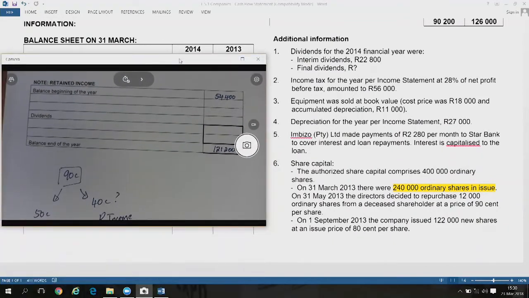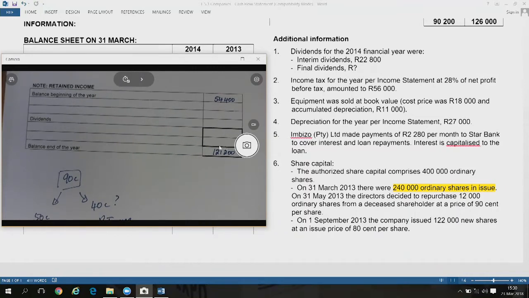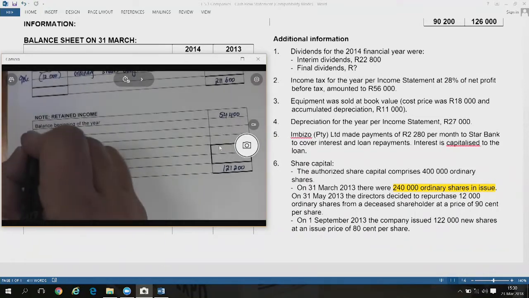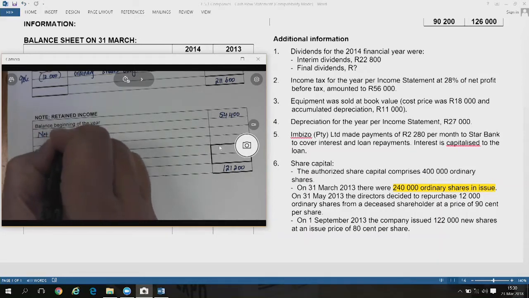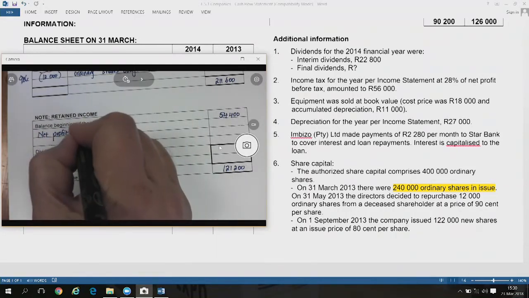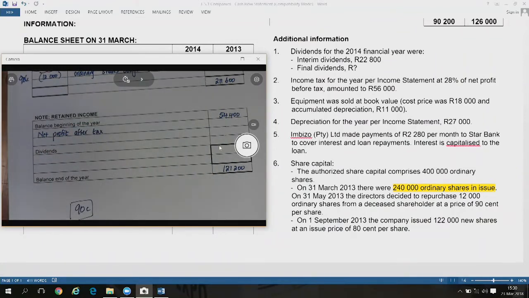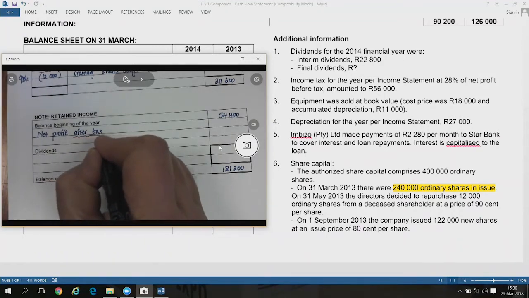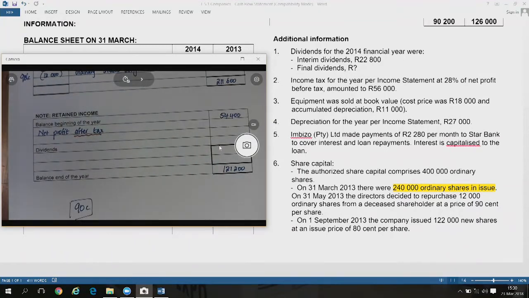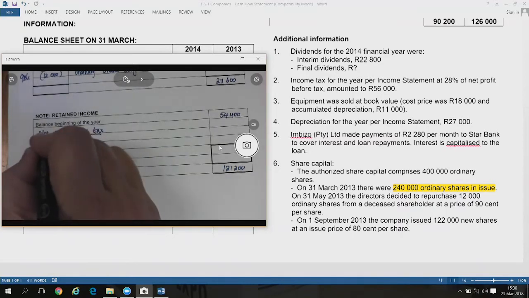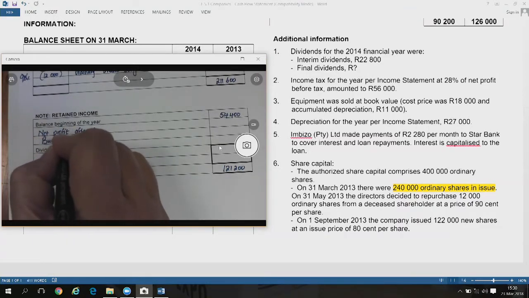And then we can go back to the information there. Okay, we want to buy back. First it is net profit after tax. Remember, after tax. Why after tax? Because in the retained income note, there's no place for tax. That's why it's always after tax. And then buyback shares.